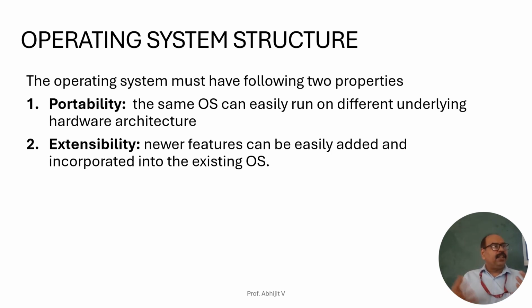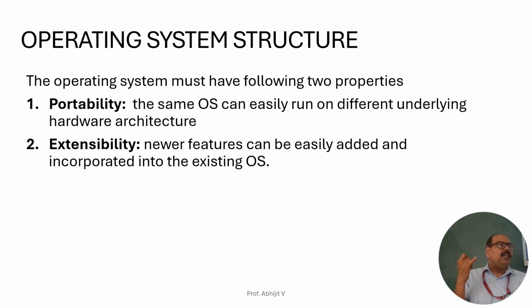Extensibility. Every day things are getting advanced, right? Previously we did not have touchscreen phones. Now touchscreen is very common, right? So when things are changing, we should be able to adapt to these changes. This adapting capacity of an operating system is called extensibility. Whenever you design an operating system, you have to keep in mind that it should have these two very important features.